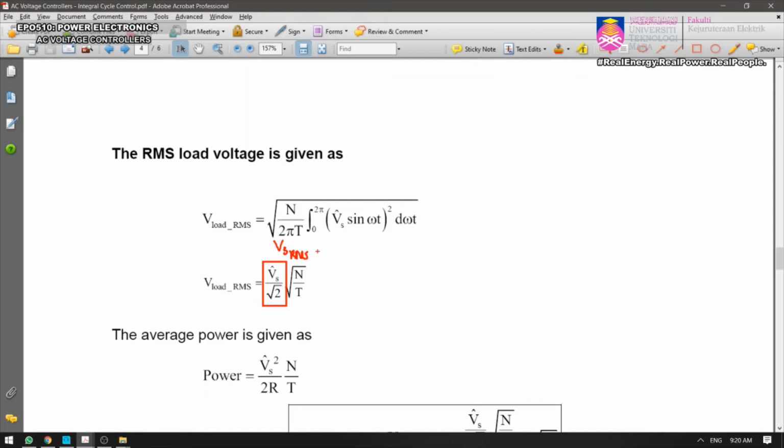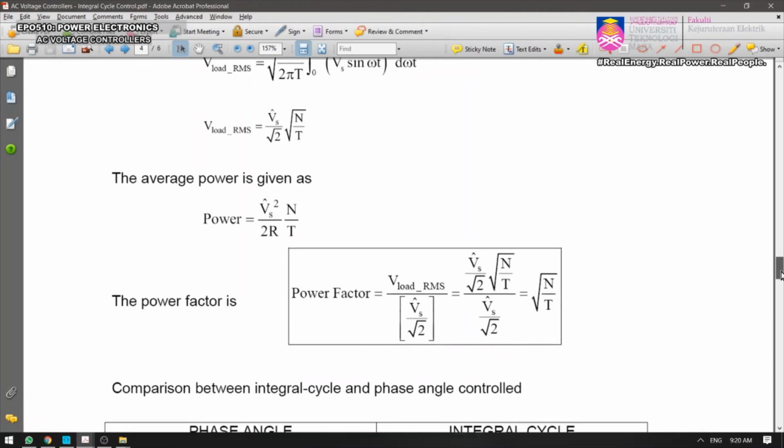So in this case, if you put in 240 volts, that is 240 volts, and again multiply by the square root of n over t. So again, both are not in seconds, but in number of cycles. Okay, n number of cycles, t number of cycles, and then you can find the average power given by this equation.